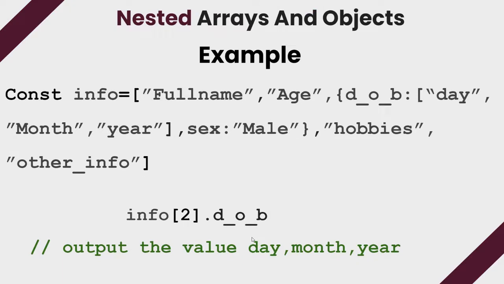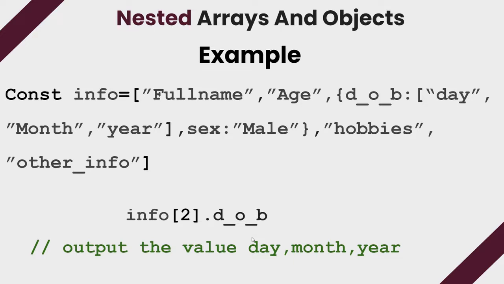Next, we have nested arrays and objects. So like we saw before, the array within the object, within the object, within the object, it's actually possible with arrays also. So you can have an array within an object within an array. And this can actually work on VS Code. But depending on the structure, the referencing method would also change.